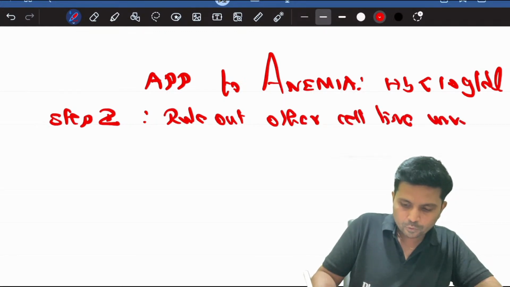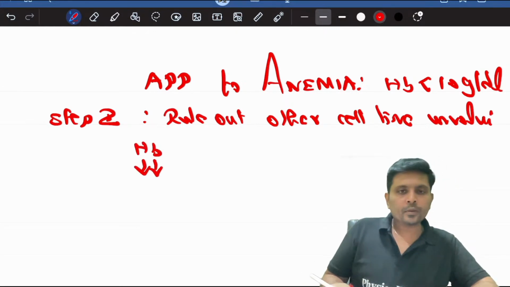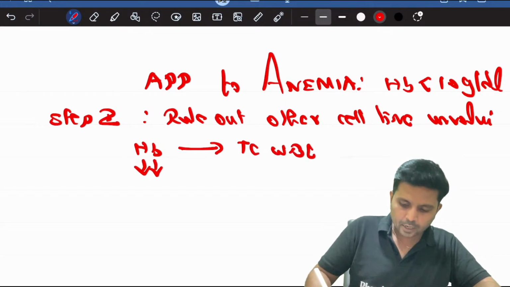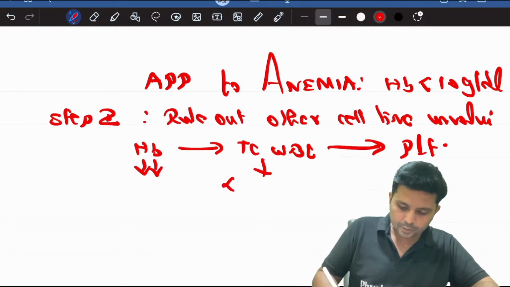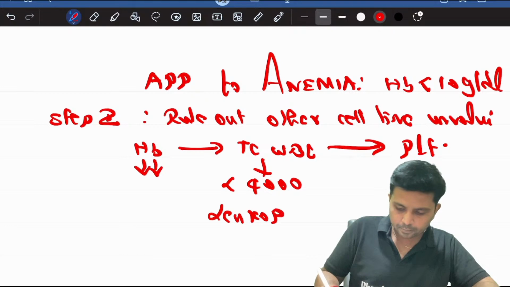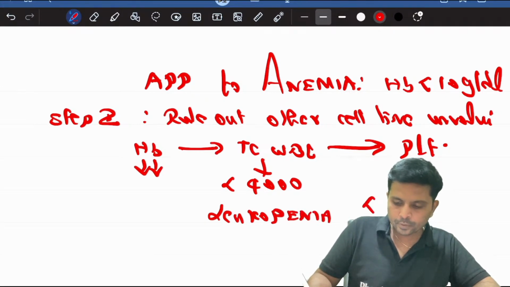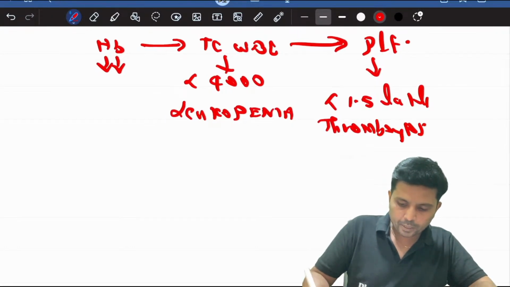Why? If hemoglobin is low, you need to look for total count, that is WBC, and you need to look for platelet. If total WBC is less than 4000, that is called leukopenia, and platelet less than 1.5 lakh is called thrombocytopenia.